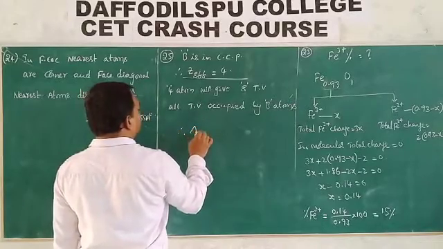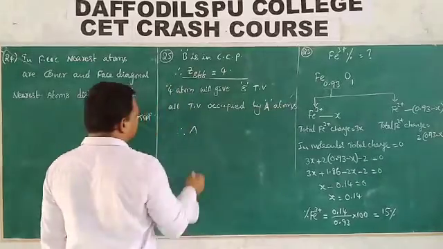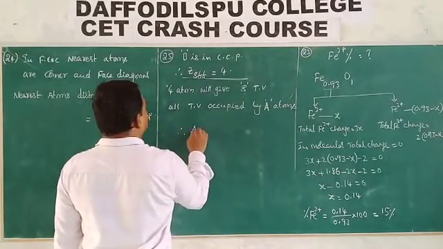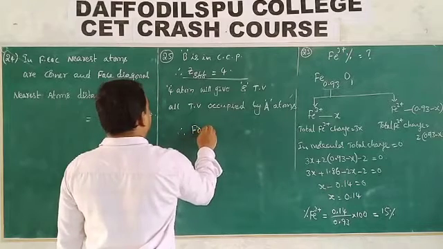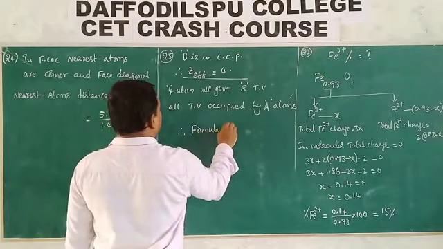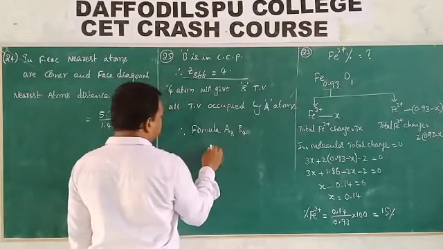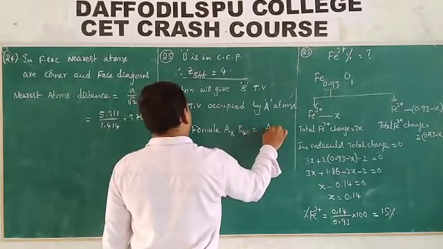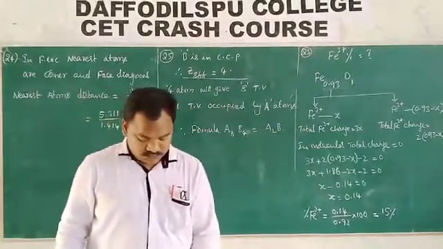Therefore, the formula is A8B4, which means A2B. So the formula is A2B.